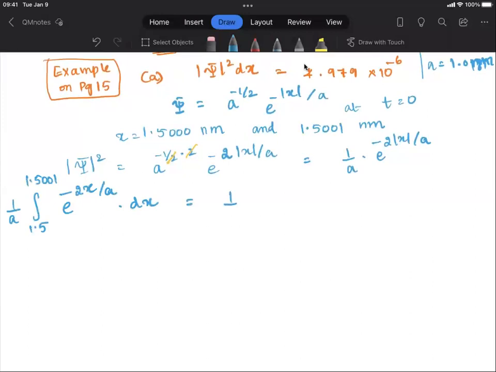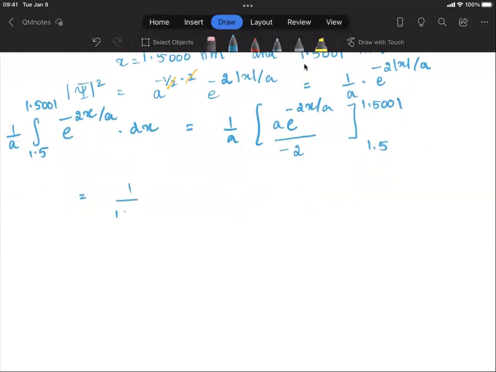Now the integral is just going to be this, and we have to apply the limits 1.5 and 1.5001.